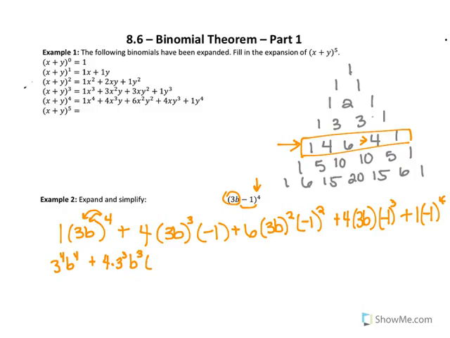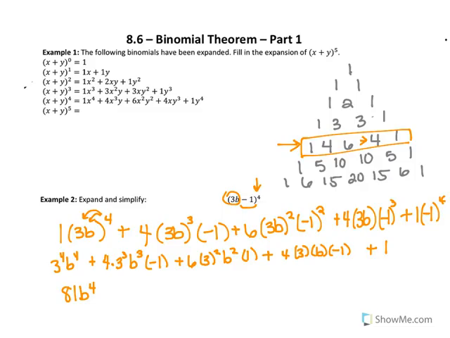Plus 6 times 3 squared times b squared, and negative 1 squared is 1. Plus 4 times 3 times b times negative 1 cubed, which is negative 1, plus negative 1 to the power of 4 is positive 1. Now you can type these in or do them in your head. 3 to the power of 4 is 81, so we have 81b to the 4.